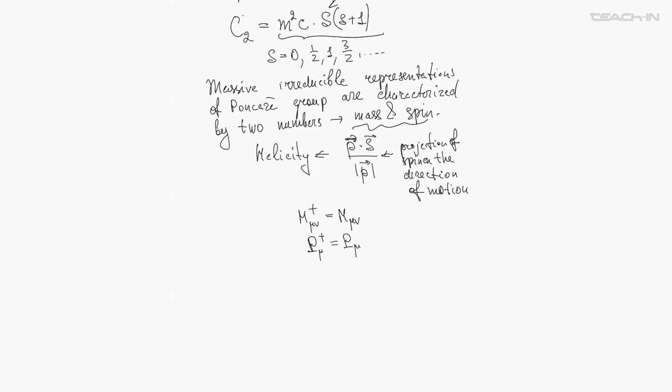Since the Poincaré group is non-compact, in particular it includes the Lorentz group, which is non-compact, by a theorem from group theory such unitary representations of a non-compact group must necessarily be infinite dimensional.